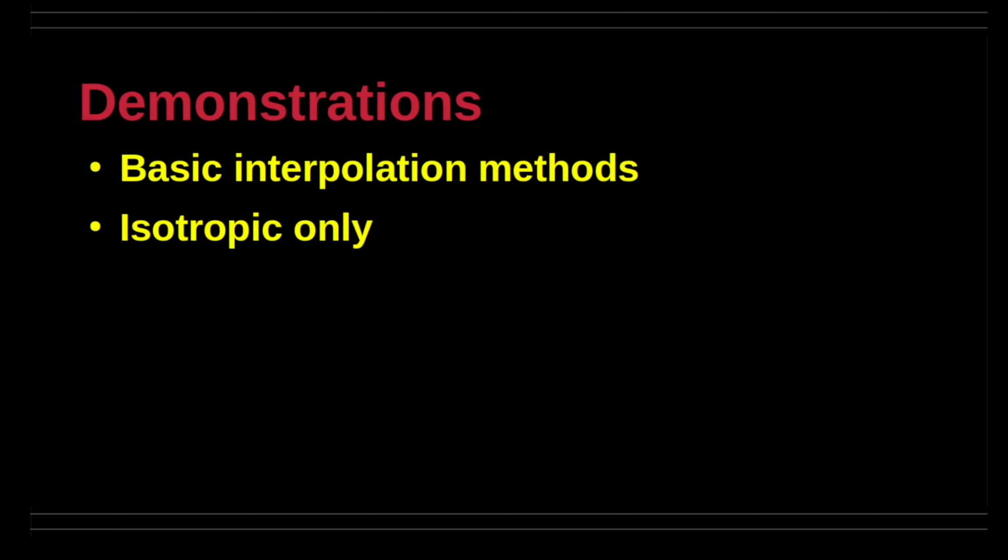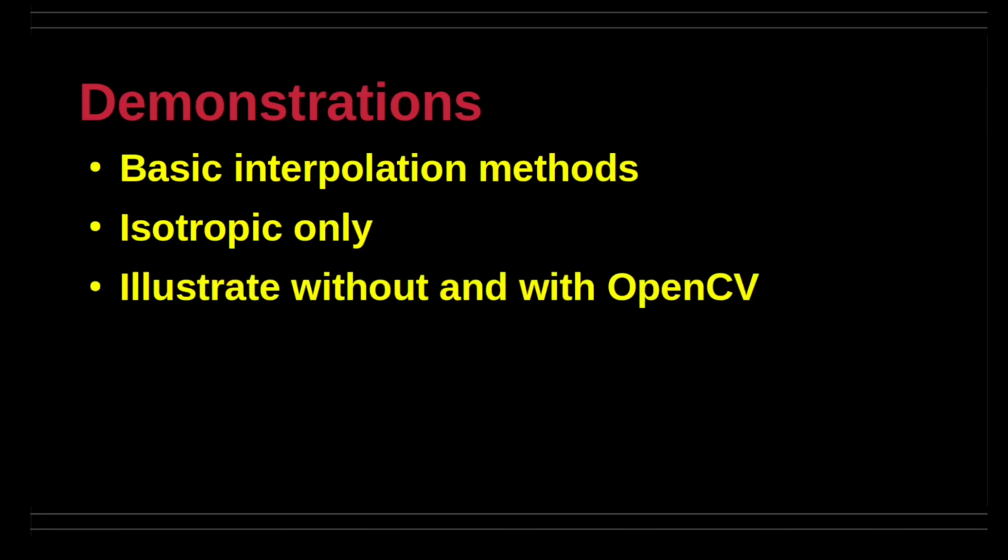We will limit ourselves to isotropic scaling because anisotropic scaling will introduce another parameter to contend with, and it may have an effect on our basic interpretation of a specific interpolation method. We will demonstrate the interpolation methods without relying on OpenCV for the first example. Then we will resume the demonstrations using OpenCV for all applicable interpolation methods.